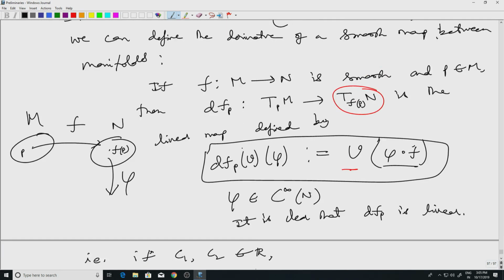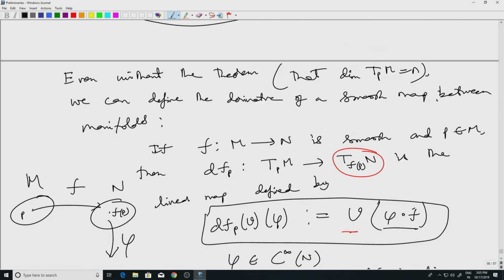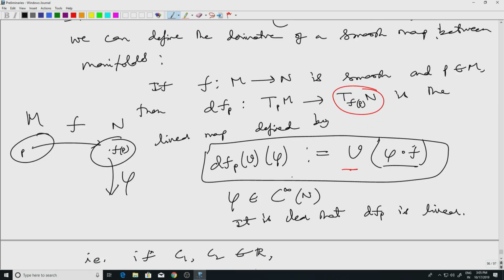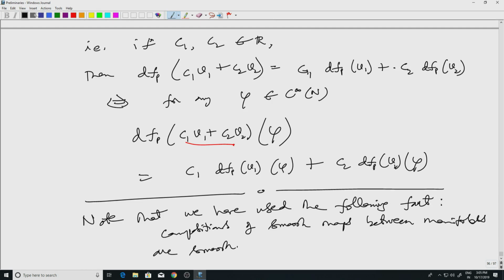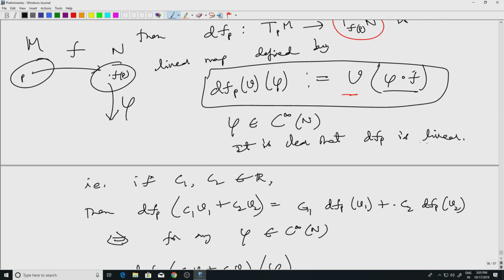But given that, it is clear that we do have a notion of a derivative. It's defined in a very abstract way. From the way it's defined here, on first sight it's not clear where derivatives are involved at all.